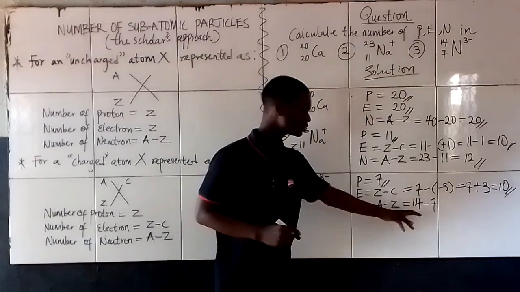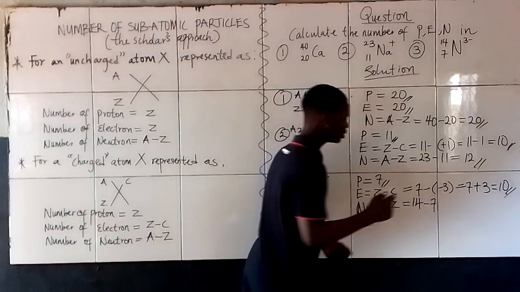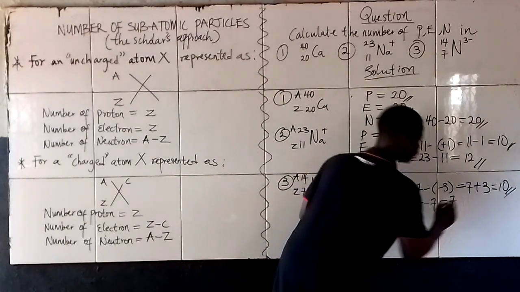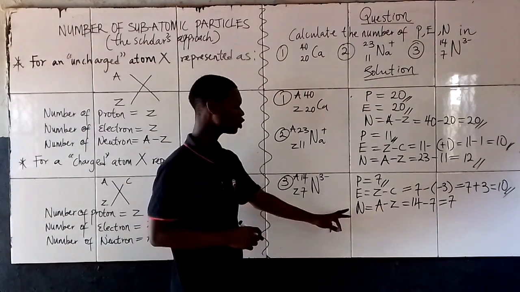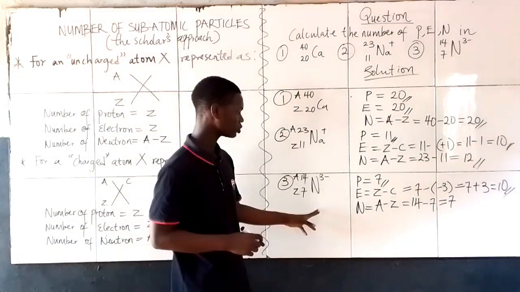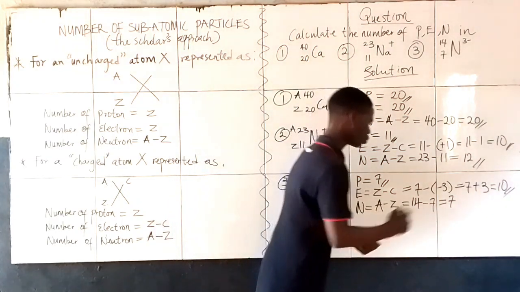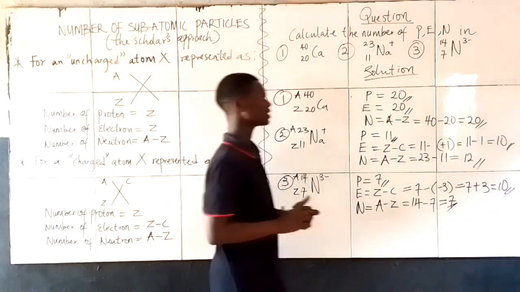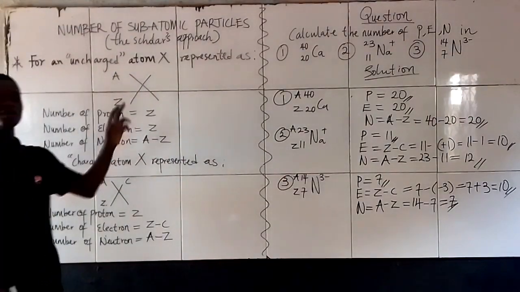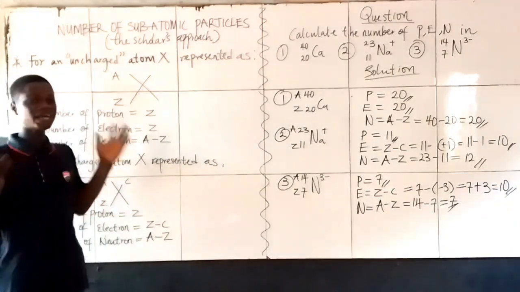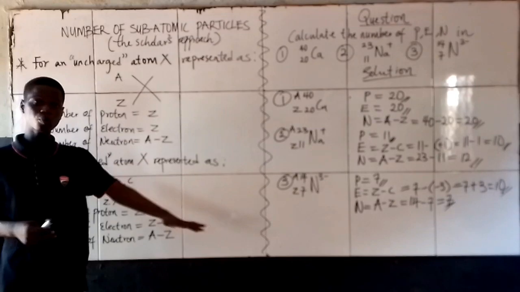Now, 14 minus 7 will simply give us 7. It means the neutron number in this type of nitrogen atom is also 7. So we mark it. So guys, this is how easy it is to calculate the number of subatomic particles in an atom. This is the overall process.